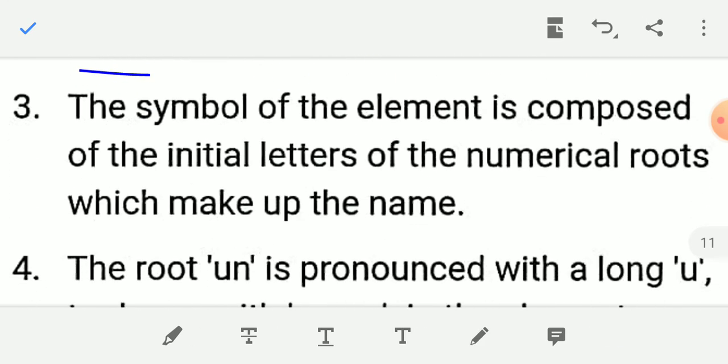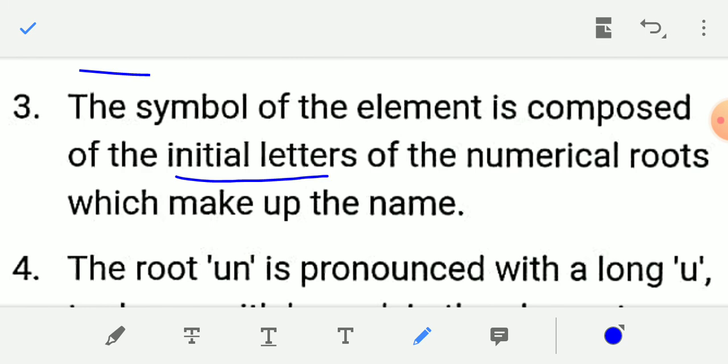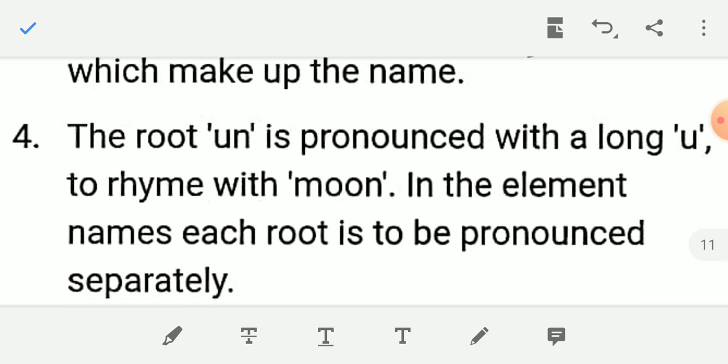And the symbol of the element is composed of the initial letters of the numerical roots which make up the name. Next, the root un is pronounced with a long u.